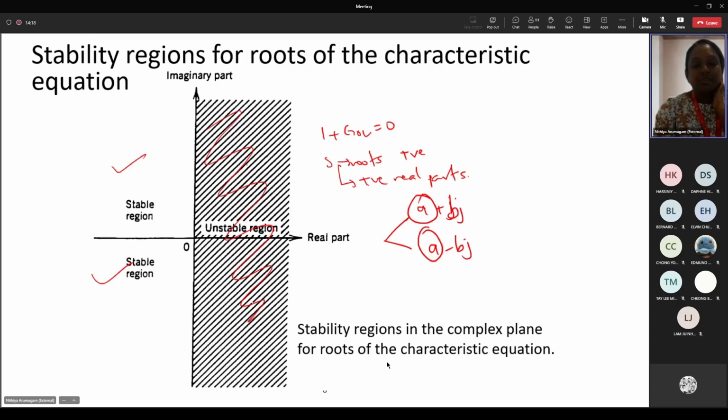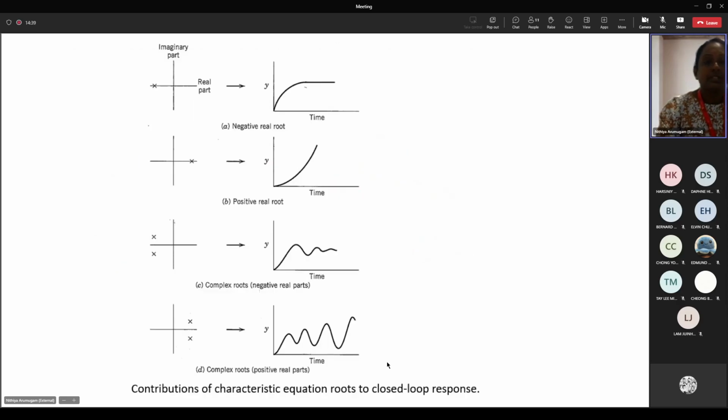So we have to take note of the positive roots and the negative roots to justify whether the system is stable or unstable. Basically, the qualitative effects of these roots on the response of the closed loop system will be like this. If we look into each location of this point, if it is here, it has a negative real root.